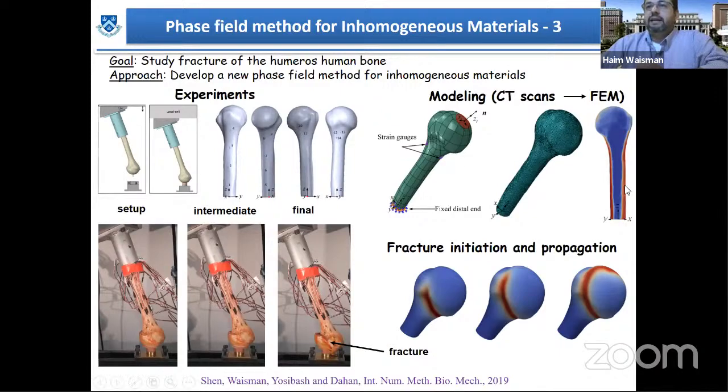But since here every point has a different Young's modulus, so basically this is a non-homogeneous material, the bone, then we postulated that GC should also be changing at every point with the Young's modulus, and that led to the correct result at the end.